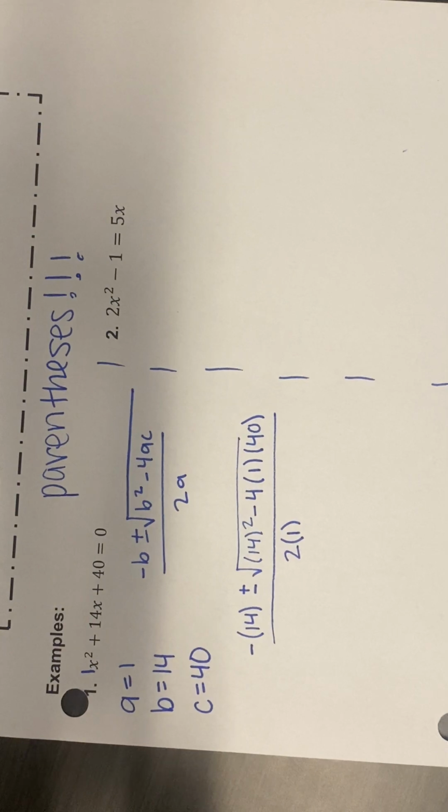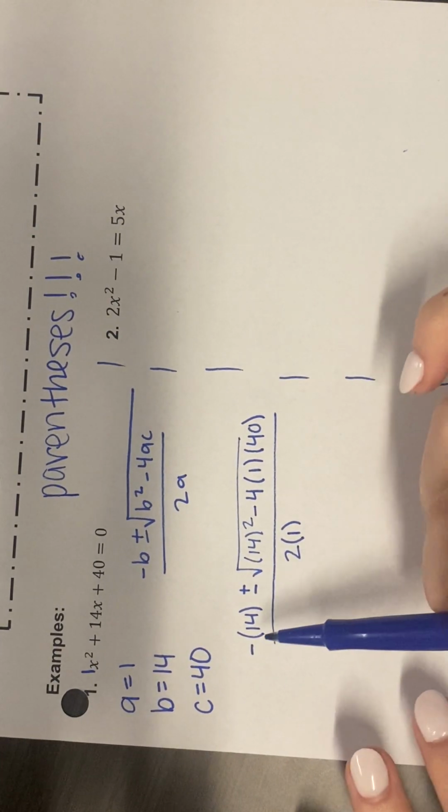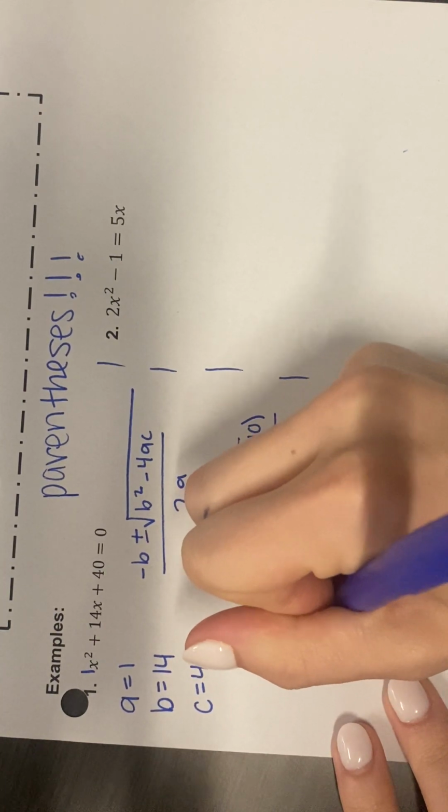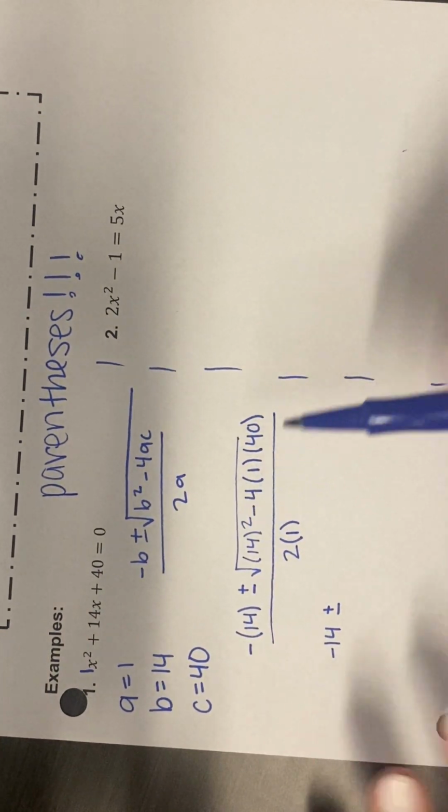Now when we use our parentheses, it means to multiply. So a negative times a 14 is just going to give me negative 14, plus or minus 14 squared.